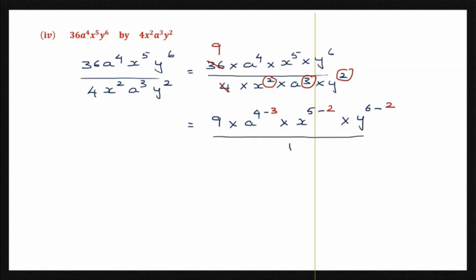So here what do we have now? 9 into a to the power of 4 minus 3 is 1, into x to the power of 5 minus 2 is 3, into y to the power of 6 minus 2 is 4. So what is our final answer? 9ax cubed y to the power of 4.